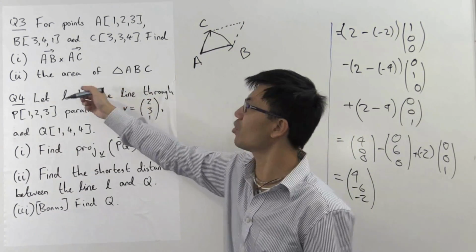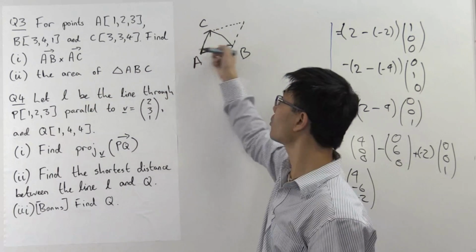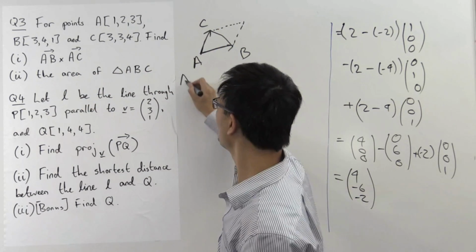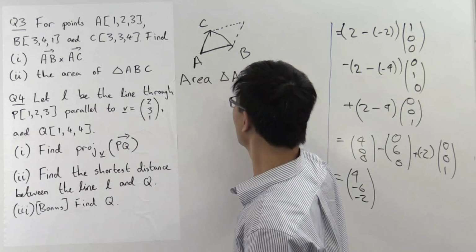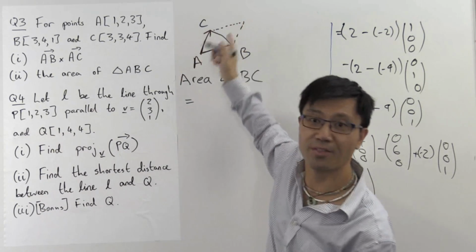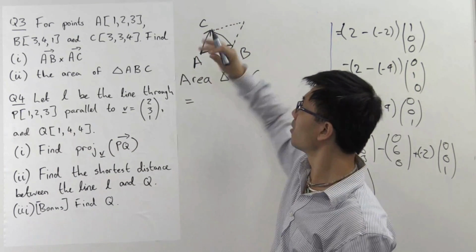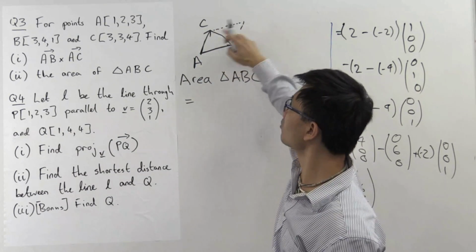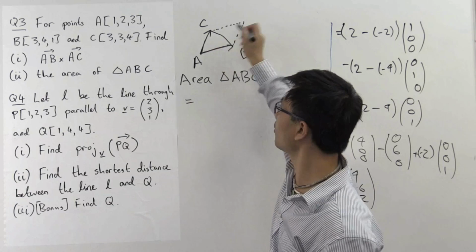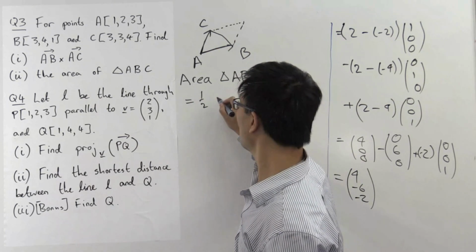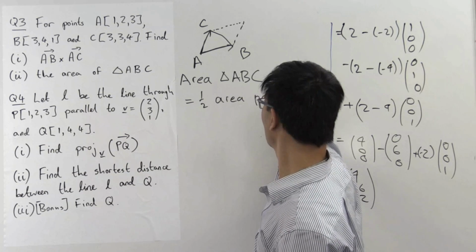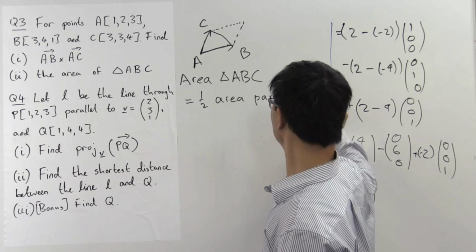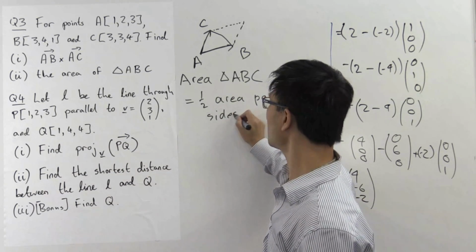So that tells you how to work out the area of this triangle. Okay, so the area of triangle ABC equals half the area of this parallelogram, because of course these two triangles are congruent. Okay, so this is a parallelogram, half area of the parallelogram, sides AB and AC.